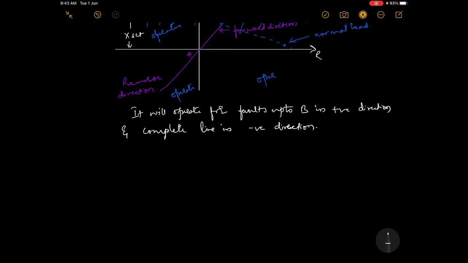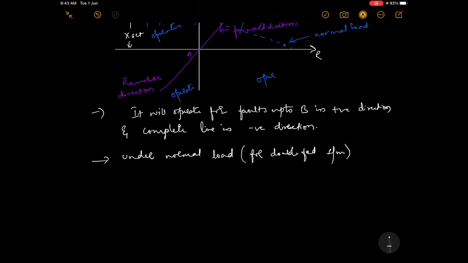So if I want to summarize, I'll write it. Under normal load for a double fed system, when the supplies are from both sides at near unity power factor load, your R is much greater than X. Do you agree?